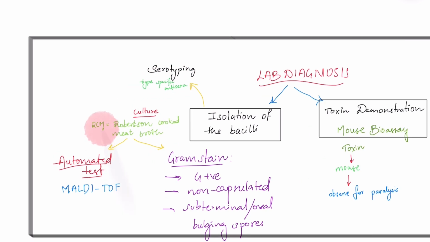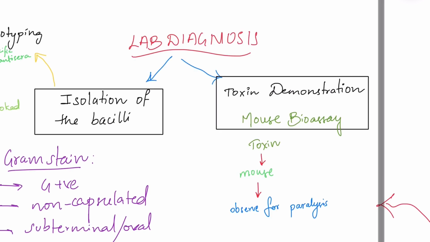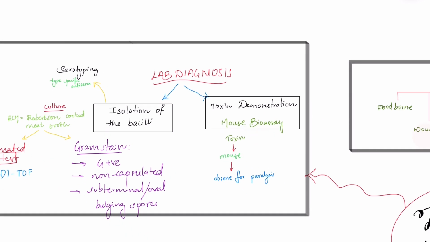The culture is especially by anaerobic culture like RCM, Robertson-Cooked Meat broth, and growth on culture media can be confirmed by gram staining and biochemical tests by automated methods such as Vitek. On gram staining, it is gram positive and non-capsulated with subterminal oval bulging spores. Then toxin demonstration is by mouse bioassay method. The toxin is inoculated into mouse and the animal is observed for paralysis. This method is more meaningful.